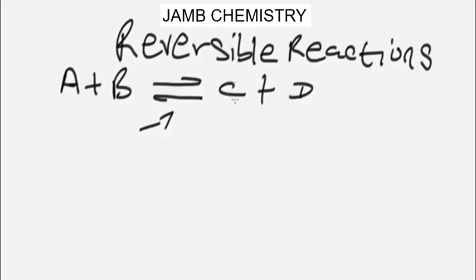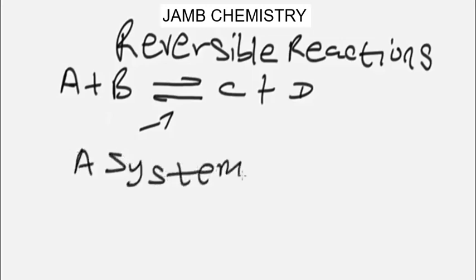Okay, so this is basically what you have to know about reversible reactions. Now, note that reversible reactions will reach equilibrium, and a system is said to be in equilibrium. We're looking at a system in equilibrium now.